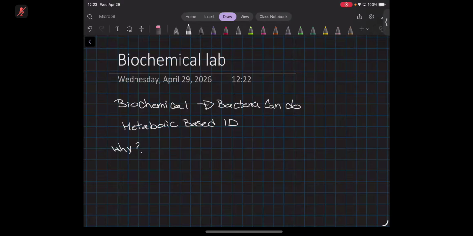Well, in the earlier labs, you used staining to identify purple, pink, negative, positive, the shape, which is all the morphology, the arrangements, and if there's capsules, pairs, endospores, flagella, stuff like that. So now, these all test the metabolic abilities of those bacteria.